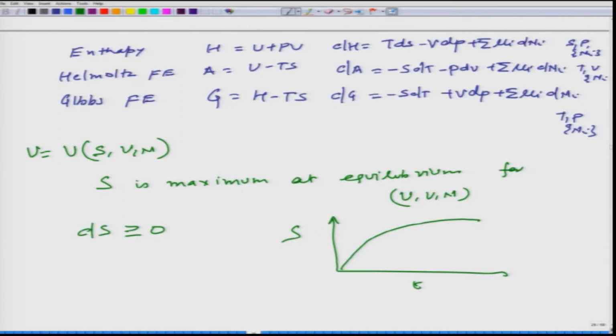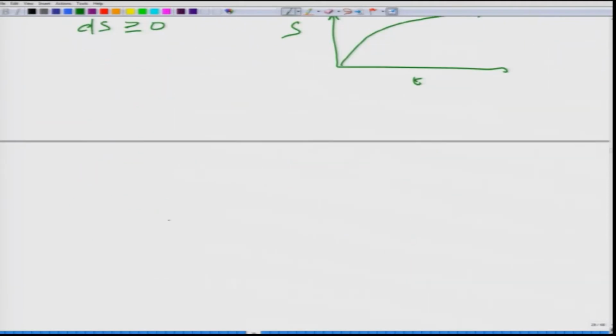Okay. So, let me just try to explain. We can consider the first law, and we know that the change in the entropy of the system is greater than or equal to delta Q by T, where T is nothing but the temperature of the reservoir or the bath. Okay.